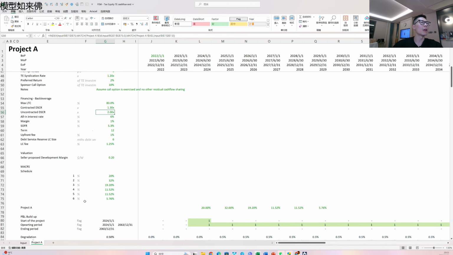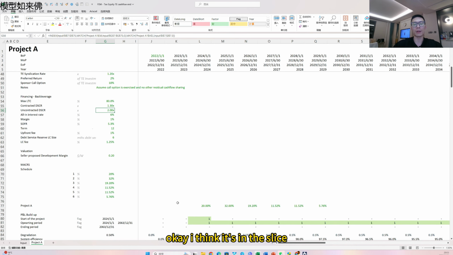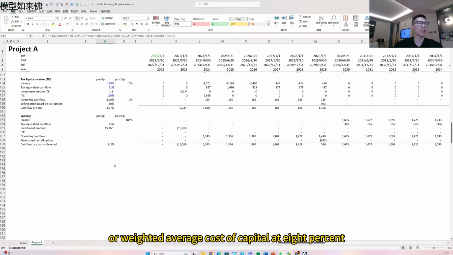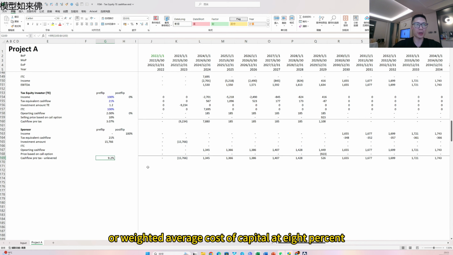Okay, I think it's in the slides. We have a WACC, or weighted average cost of capital, at 8%. So right now we have 9.2%, which seems reasonable for us to do the calculation.